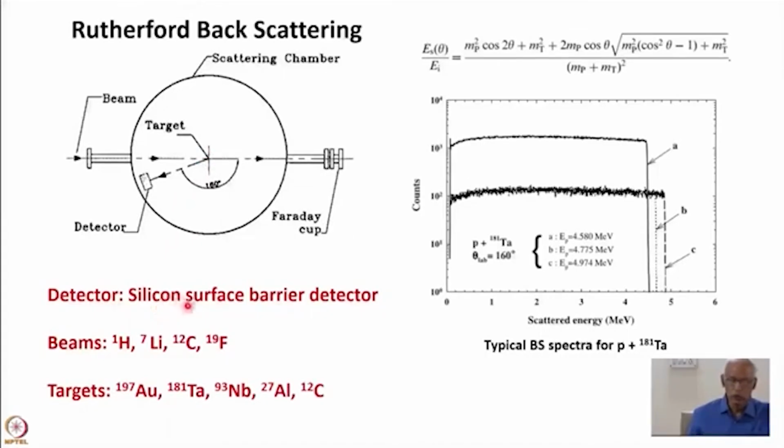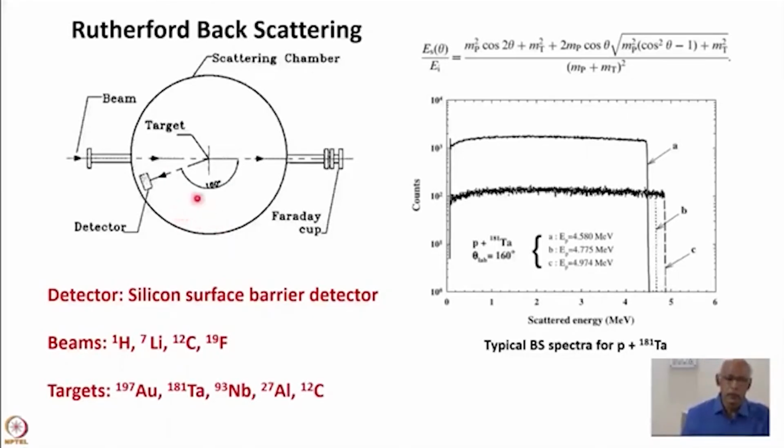We use a silicon surface barrier detector, and we use several beams, for example H1 (proton), lithium 7, carbon 12, and fluorine 19, and also several targets, which are mentioned here. That was to get more data points in order to get more accuracy.